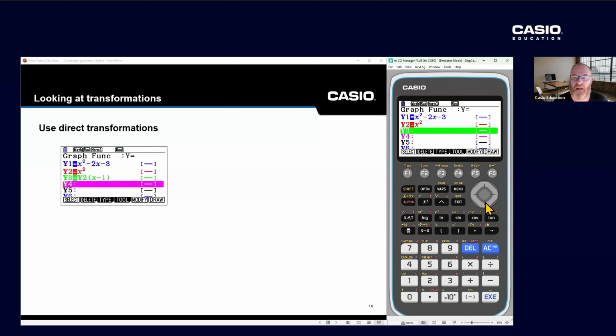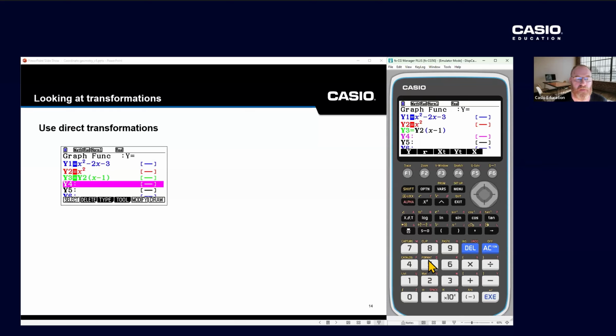So here is x squared, my next function y3. What I'm going to do is I'm going to enter that as a transformation of y2. So I need to scroll to the right there. If you do that, you can see you've got the y available for your function. So that's y2, and I'm going to do y2 to, in this case, x subtract 1.